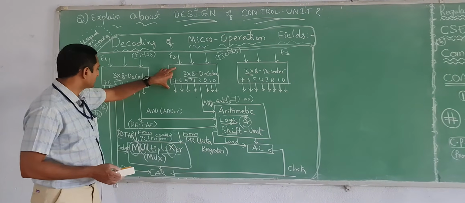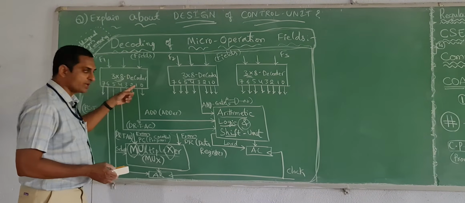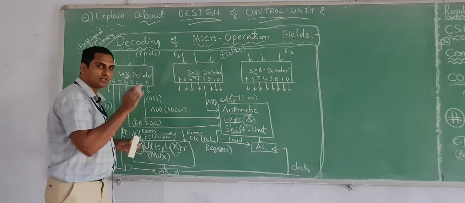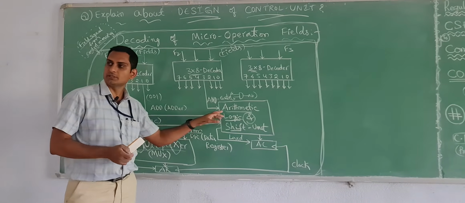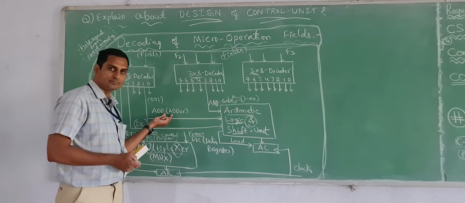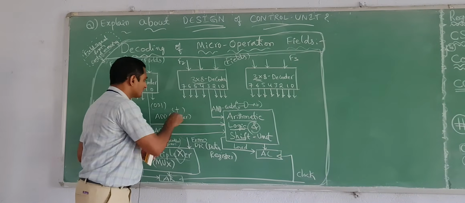Now coming to the second decoder, here the first number means 001, meaning 1. That enters the arithmetic logic shift unit, which acts as an adder. ADD is nothing but adder, for addition purpose.